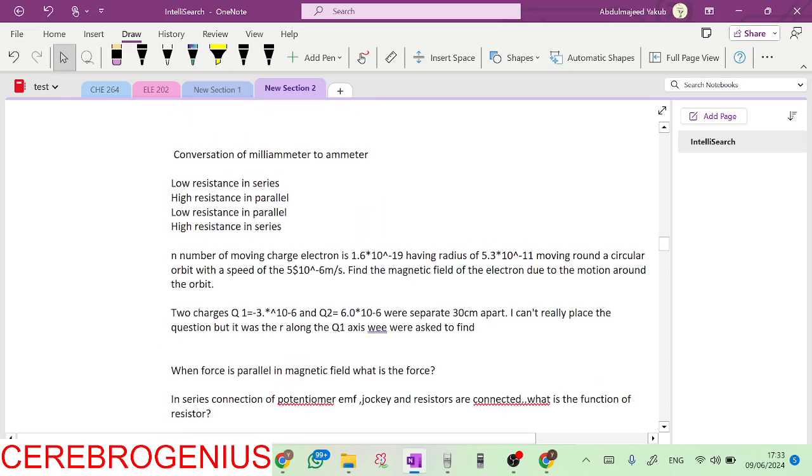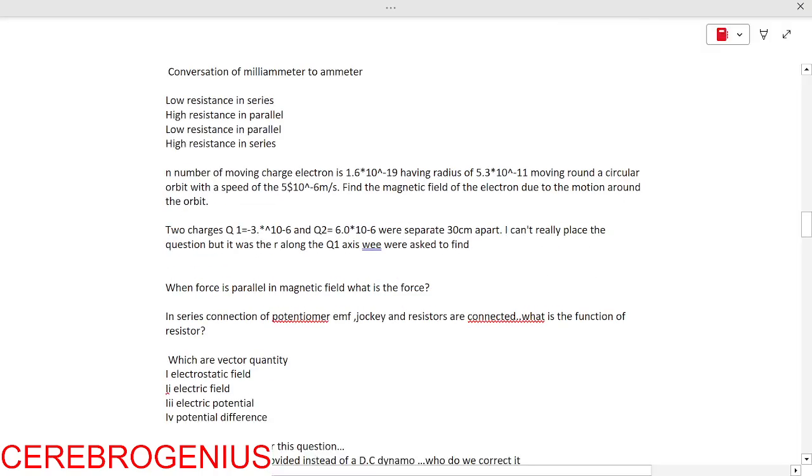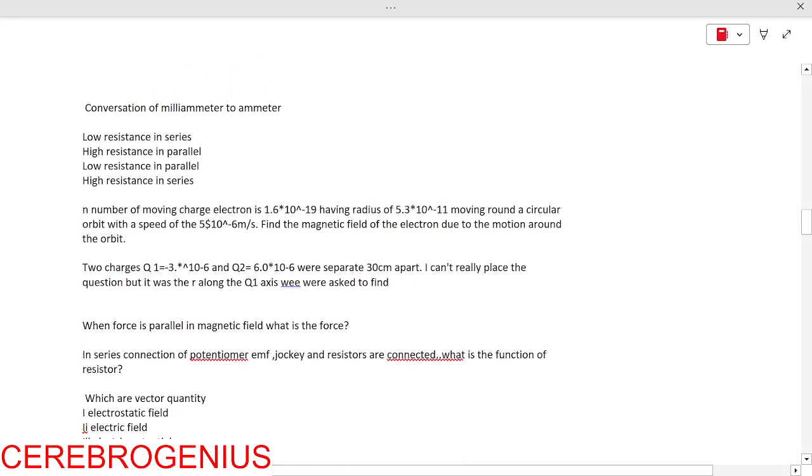So conversion of milliammeter to ammeter. That means that a milliammeter is just a galvanometer and you can convert it to an ammeter. So what does that mean? A milliammeter is a galvanometer and it measures very small values of current. That's why you call it milliammeter.